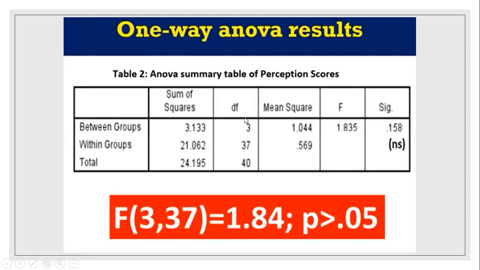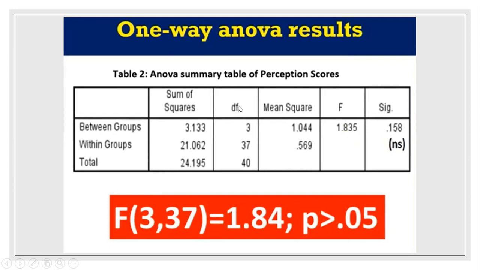Then another table, which is the one-way ANOVA result itself. You will have it as Table 2, ANOVA summary table of perception score. You know it is score. So you can see between groups and within groups. The statistical tool has done the sum of squares and mean square for us.